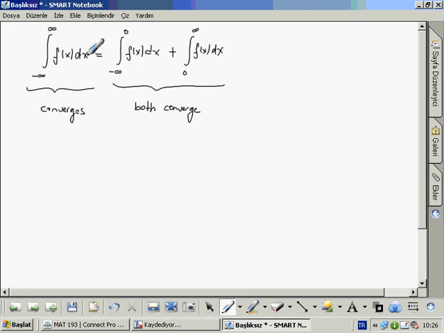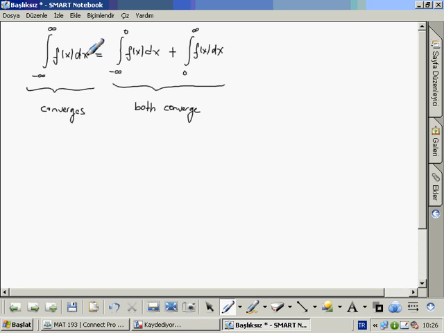This equality means if and only if. If the left side converges, we can say both of them converge. If the right side's two parts converge to finite numbers, we can say the left side, the integral from minus infinity to plus infinity of f of x dx, converges to a finite number.